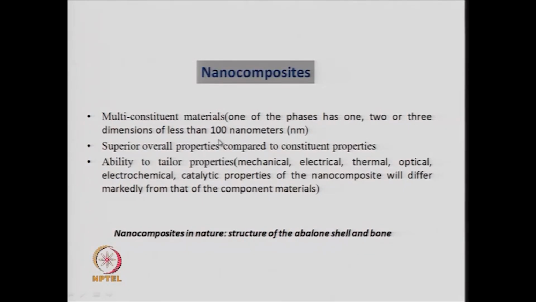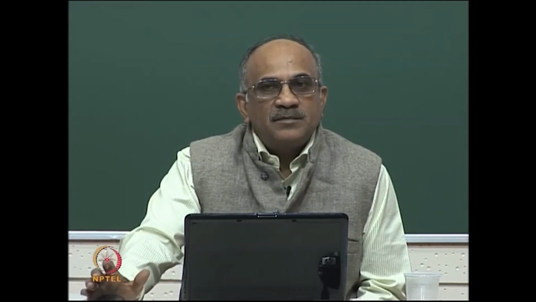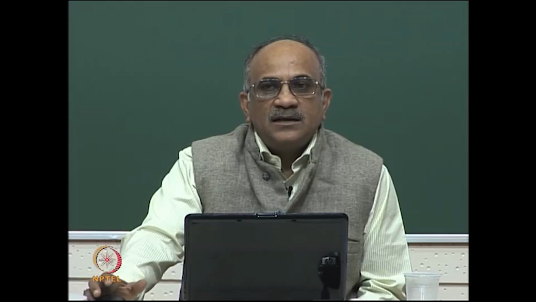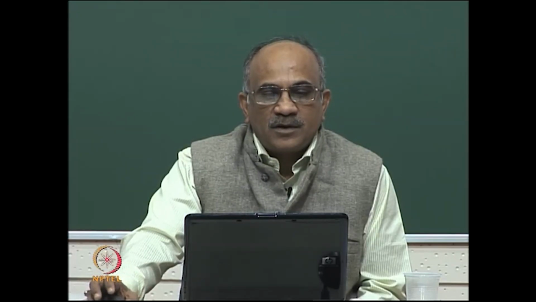That means one of the ingredients is a nanomaterial. It may be a nanoparticle, a nanowire, or a nanoplate. The mixture of that nano sized particle with some other material which has, say, micron sized particles, or which may be a polymer which may not be a crystalline material at all, will be called a nanocomposite.